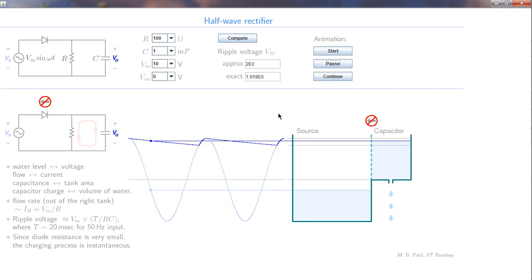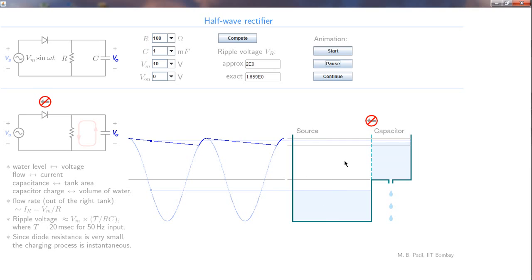So let us now relate what is happening in this picture to our actual circuit. So there is this source. It's like an artificial tank. There is no such tank in nature, and its water level goes up and down. It just keeps going up and down forever, just like the source here.